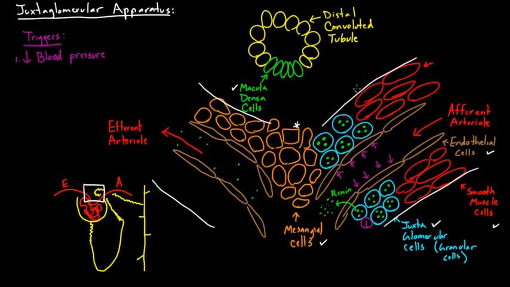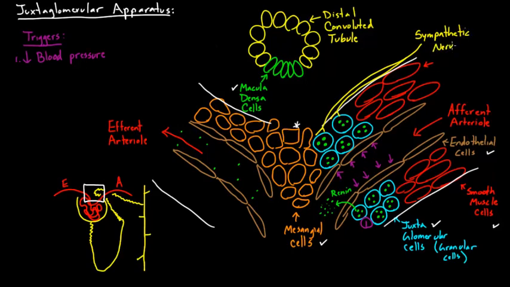But in this external layer, you actually have, I'm going to draw in yellow, little nerve endings, right? Remember, nerves can end in that tunica externa layer. And so you have these sympathetic nerve endings. Sympathetic nerves.